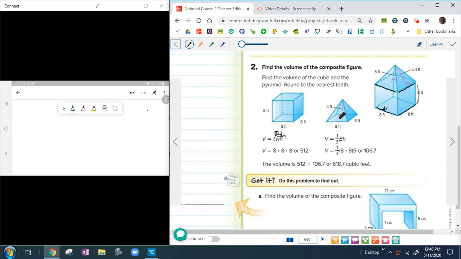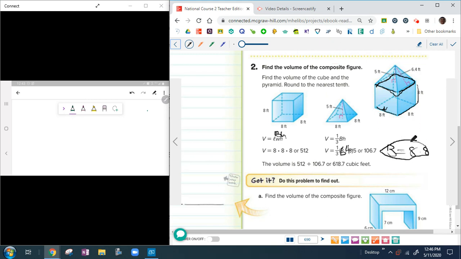The base is a square, so we're going to use length times width in there. I like to do that over here as opposed to doing it right in the formula. So the base of that pyramid is a rectangle, so I'm going to do the dimensions times each other, 8 times 8. And then I plug in a 64 right in here because I already did my work over here.